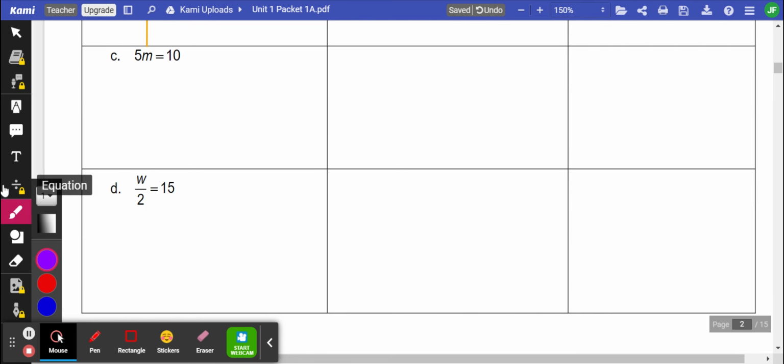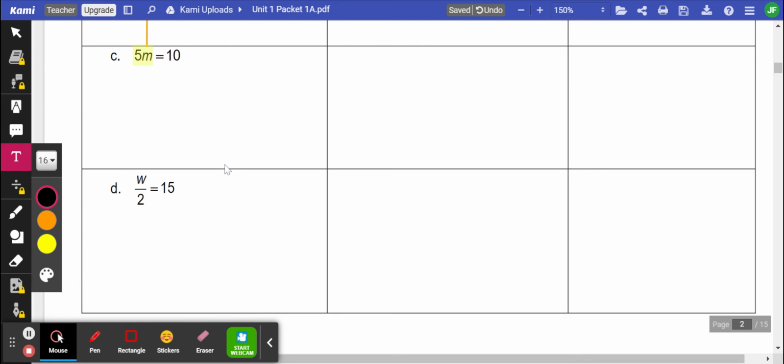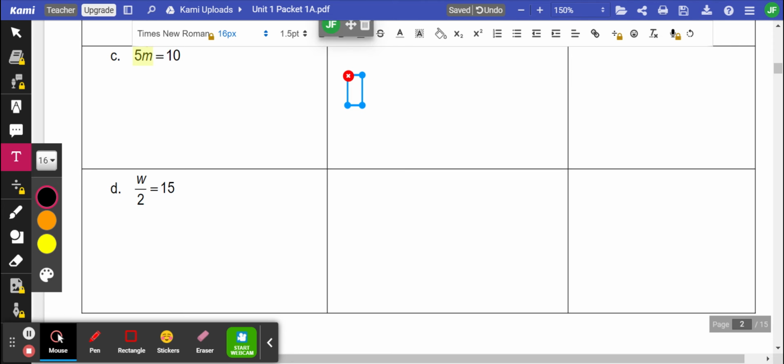For C, it's really important to remember that if there's not a plus or minus sign between a number and a variable, this actually means multiplication. We could put a multiplication sign in between those if it helps, but you often won't see them there. So 5m means multiply m by 5.